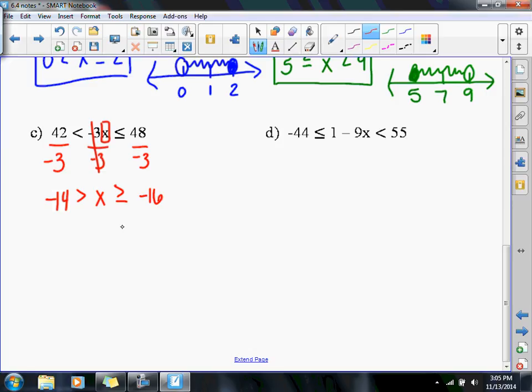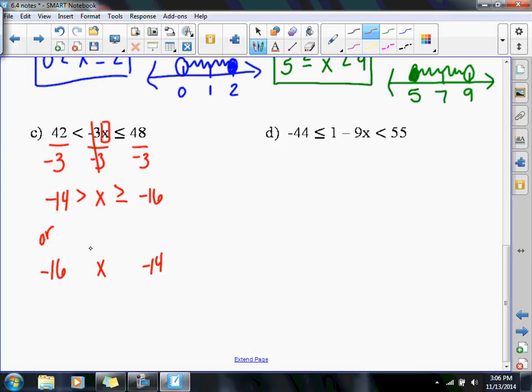Now, I do need to rewrite my problem so that I have less thans. You can leave your answer like this, and we can still graph our answer, okay? But a better way to write your solution is to flip-flop the 16 and the 14, put your x in your middle, and then you have to flip the signs, but you have to make sure that the correct sign goes with the right number.